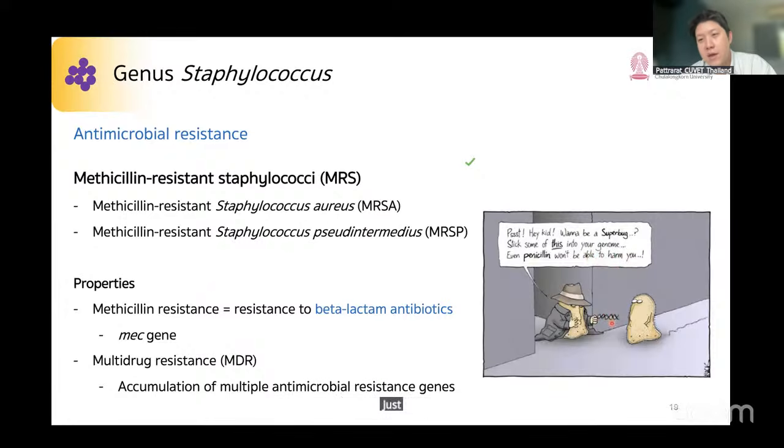Just stick mecA into your genome, and then penicillin, which is a kind of beta-lactam, won't be able to harm you. Okay, they can transfer the genetic material to other bacterial cells. This process is horizontal gene transfer for antimicrobial resistance development.